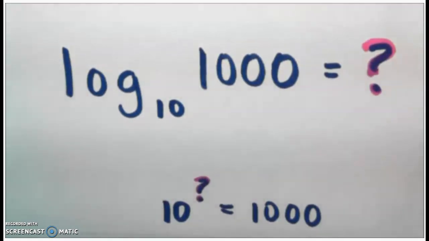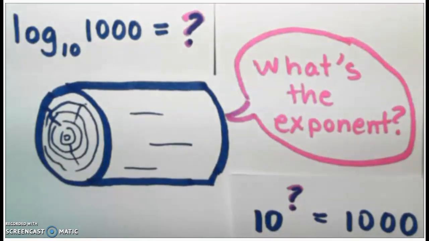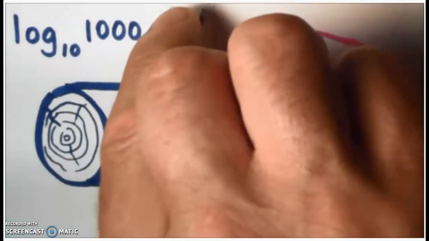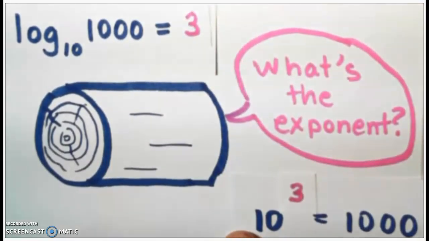So the logarithm, base 10 of 1,000, asks, what's the exponent? 10 to what is 1,000? The logarithm, base 10 of 1,000, is 3, because 10 to the 3 is 1,000. The logarithm asks, what's the exponent? And the exponent there is 3. So the logarithm is 3.